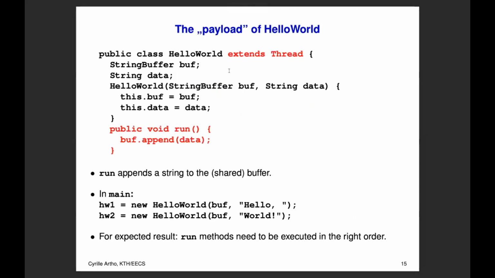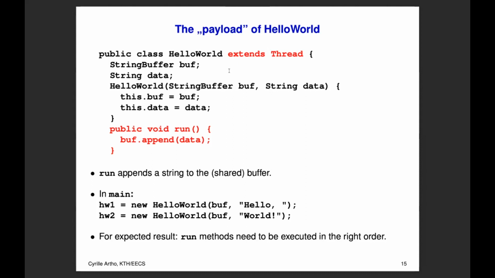So here we see some explanation. What happens now with this hello world is that the run method simply appends data that was given to the constructor. So we have a shared buffer. Both threads get the same buffer. One thread gets hello, the other one gets world. And to get the expected result, hello world instead of world hello, the threads really need to run in that order.